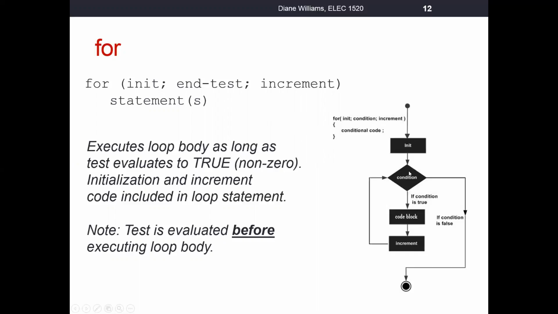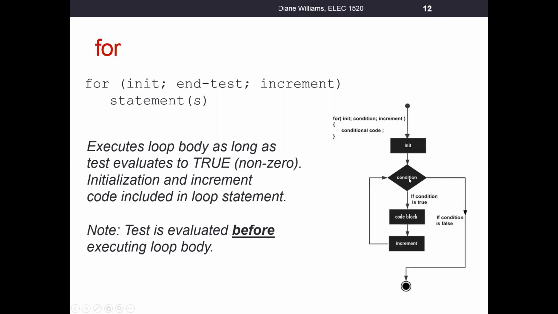Then the next thing that's done is the test condition is checked. If this test condition is true, our code flows through here. We execute any statements in the body of the loop, here called the code block. Then we come back and perform the increment statement, and loop back around and check the test condition. As long as this is true, we keep executing statements in the body of the loop, incrementing, and looping back around.